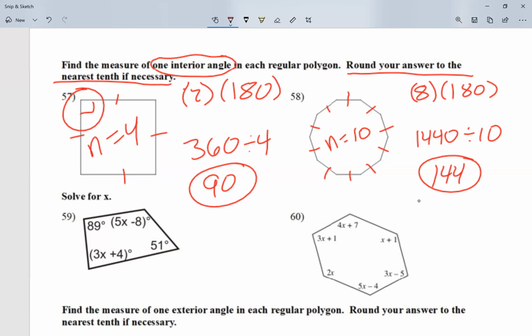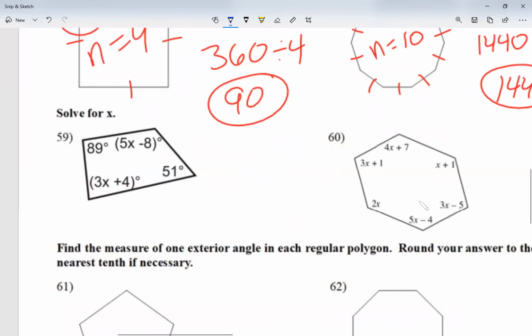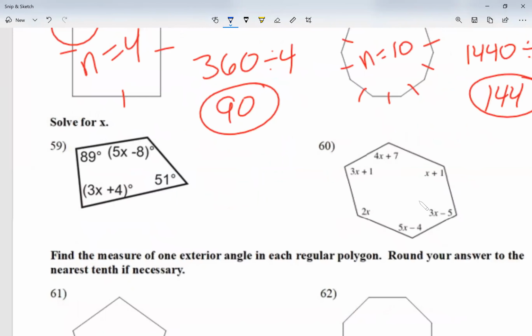Now let's take a look at number 59 and 60. For us to not get confused, let me switch this to blue. Now here it says solve for x. I'm just gonna add everything. I'm gonna go 89 plus 5x minus 8 plus 3x plus 4 plus 51. I remember that addition is basically combining your like terms.